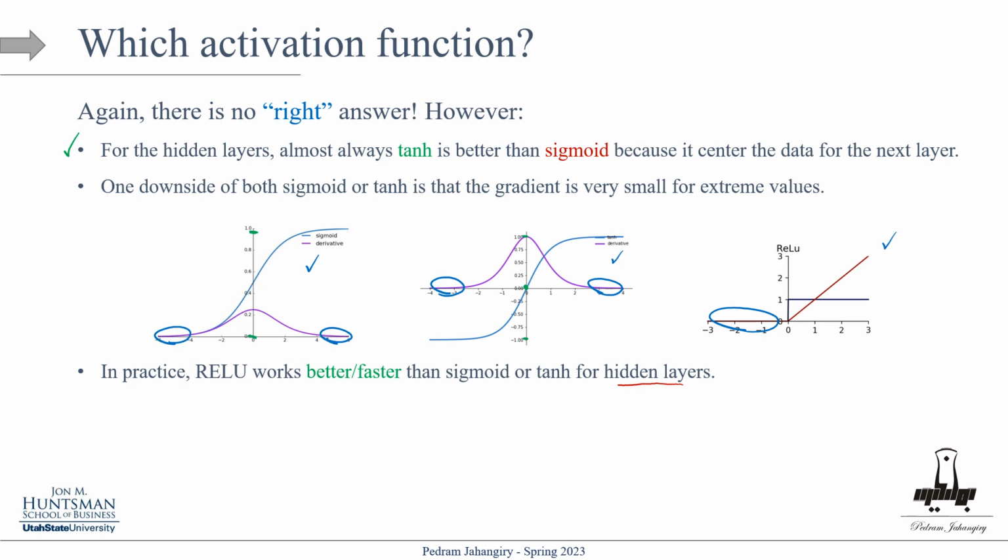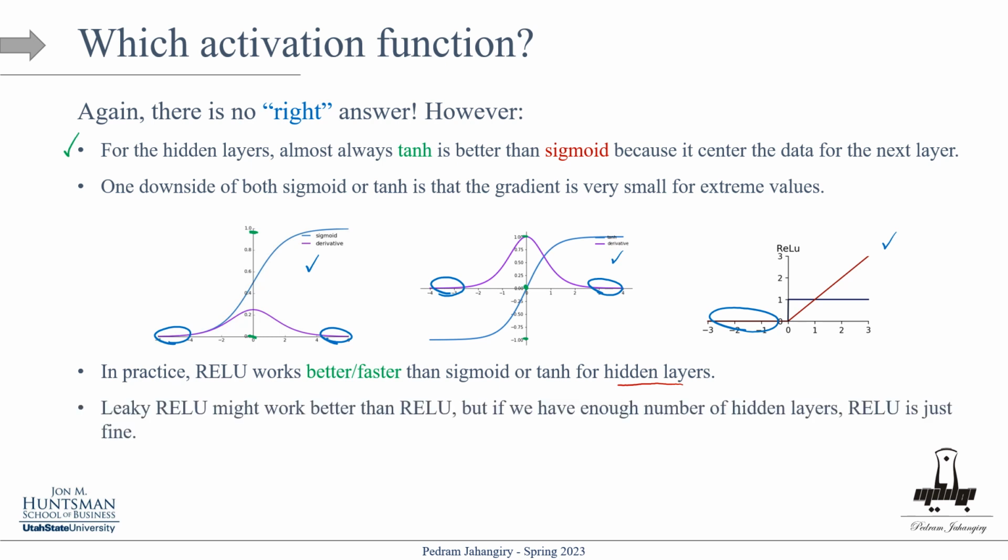So for hidden layers, we can almost always use relu. I personally will never use sigmoid for the hidden layers because relu just works better. You might think that leaky relu might work better than relu, but if you have enough hidden layers, it has been shown that relu is just fine, right?